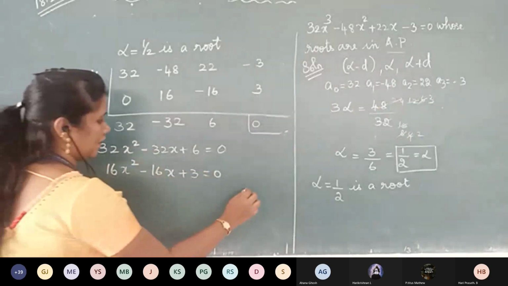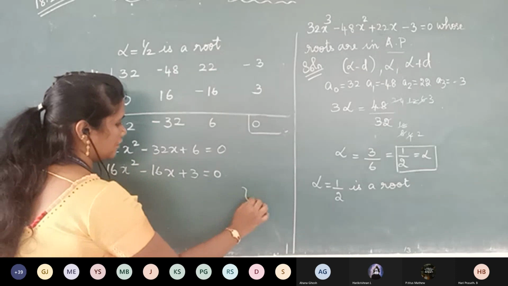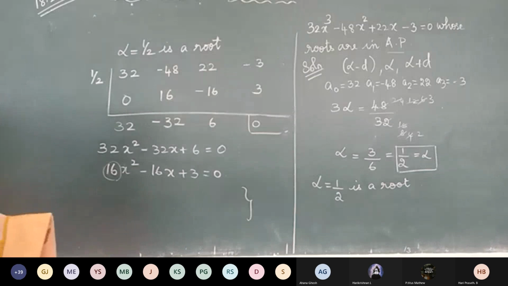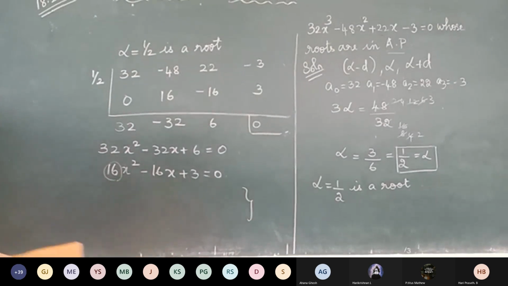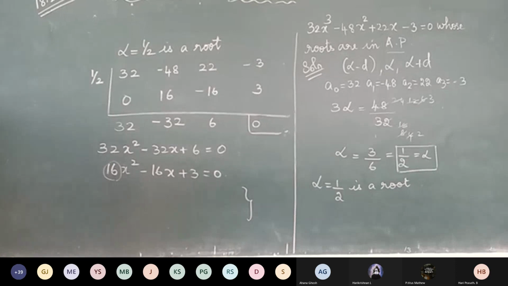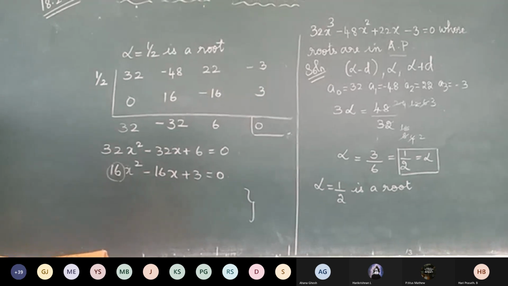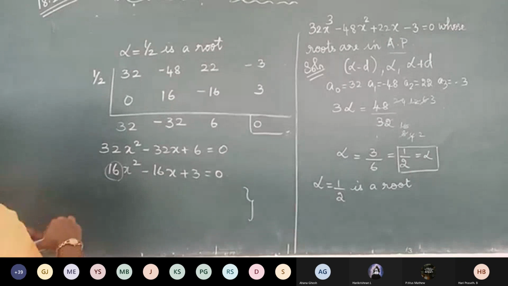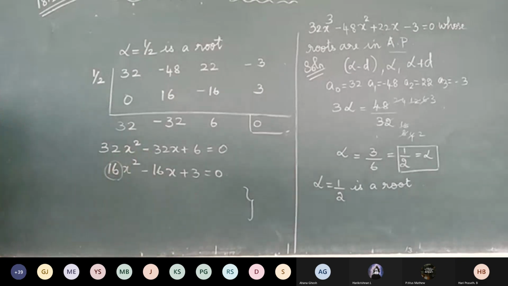So when you multiply, your coefficient of 16, multiply it with 3. 16 into 3 is what? 48.